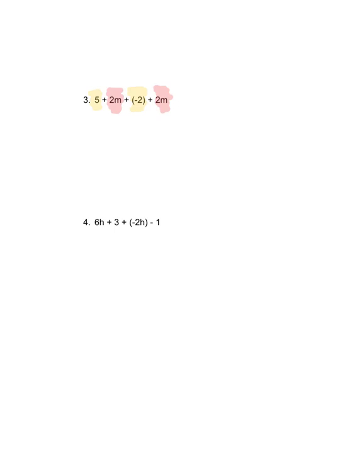That means when I simplify my expression, I'm going to have a term that's the yellow-like terms, and I'm going to have a term that's the pink-like terms. When I look at my yellows, I have 5 plus -2, which gives me +3.